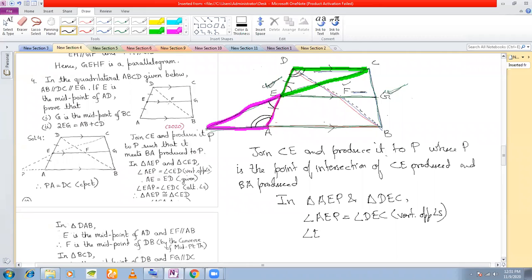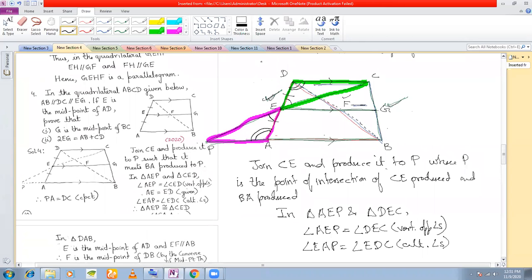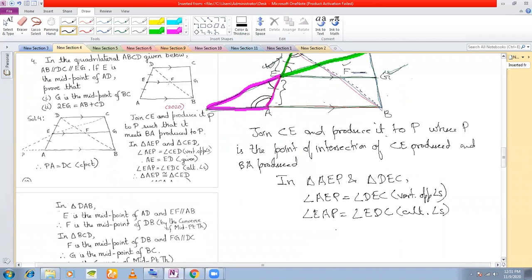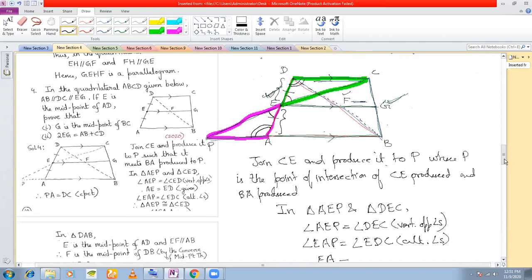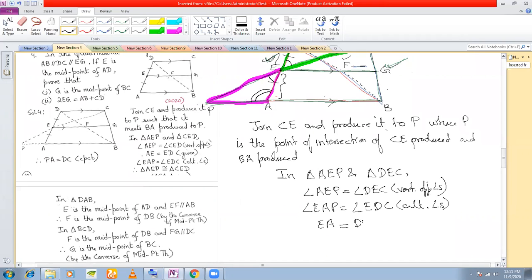Angle EAP is equal to angle EDC, alternate angles. And what else? DE is given equal to AE, that means ED is equal to AE. In fact, because we have written triangle AEP first, let us write EA first. EA is equal to DE. So therefore, these two triangles are congruent.